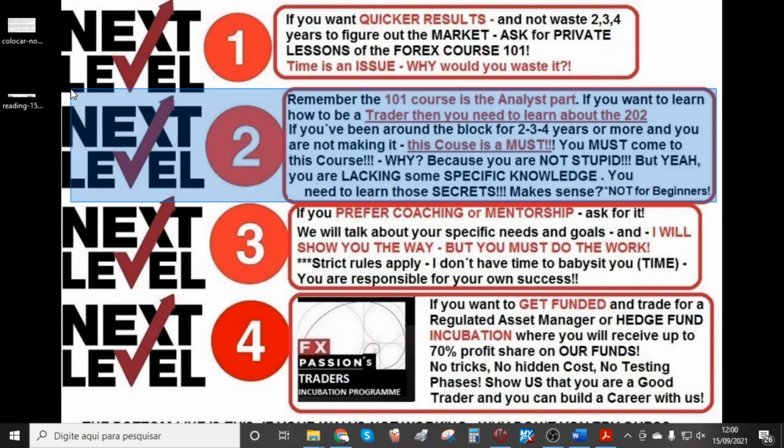And of course, I'm not saying that the traders are better, of course not. But being an analyst requires one set of skills. Being a trader requires a different set of skills. Does this make sense to you, everybody?